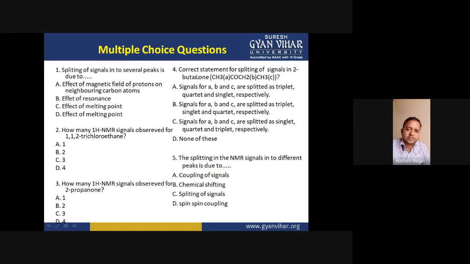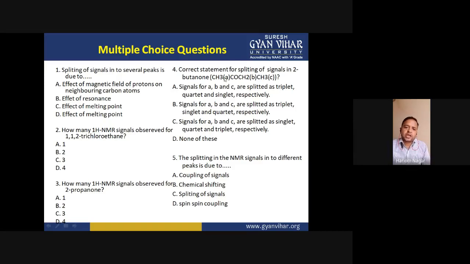Now the next question is, the correct statement for splitting of signal in 2-butanone. What is the correct statement about the splitting of the signal?